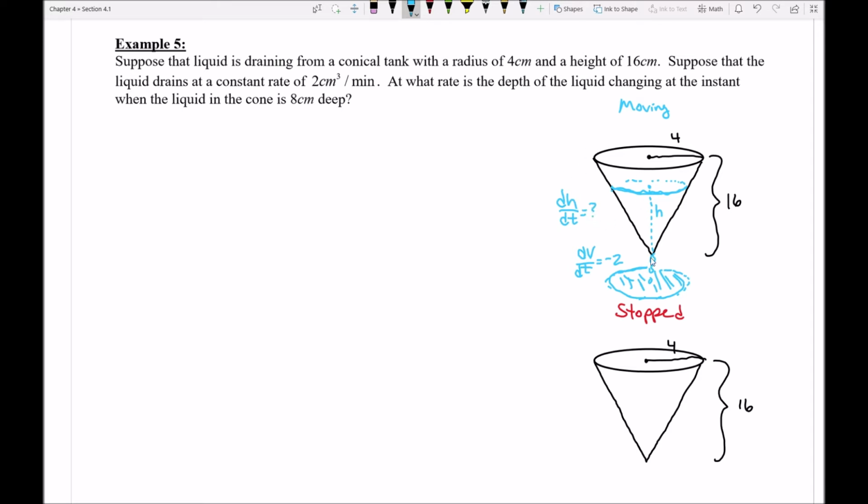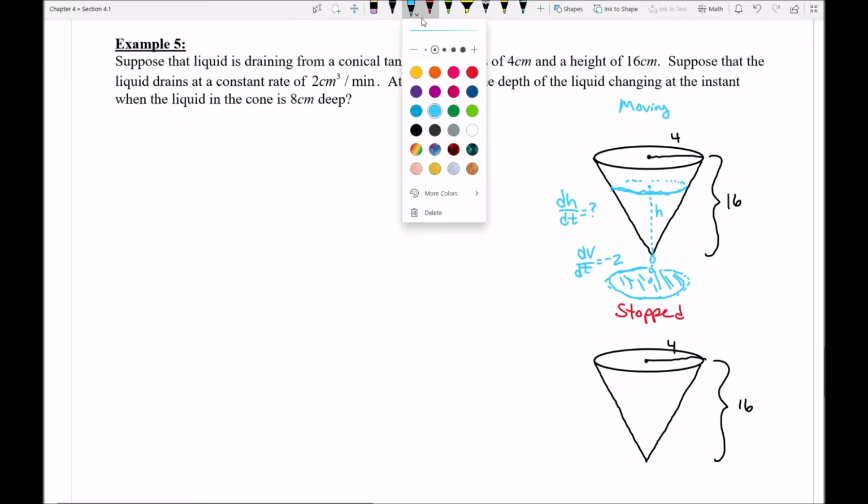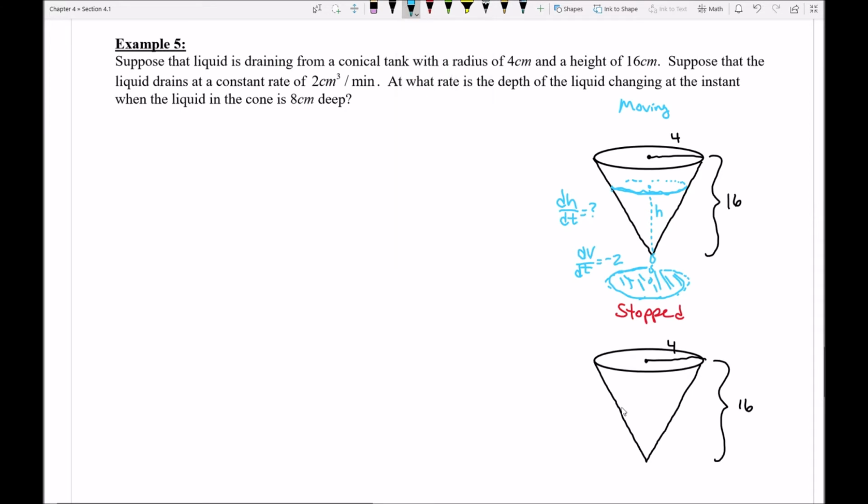Or how quickly is that height changing, more specifically? And then when I go to my stopped picture, I can see that I'm interested in stopping when the water that's in the tank is locked in at a height of 8 centimeters. So I'm going to stop that right there.